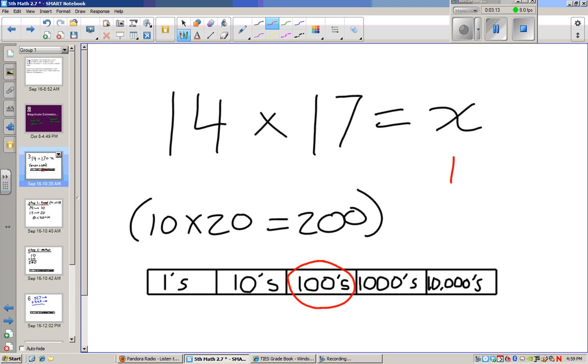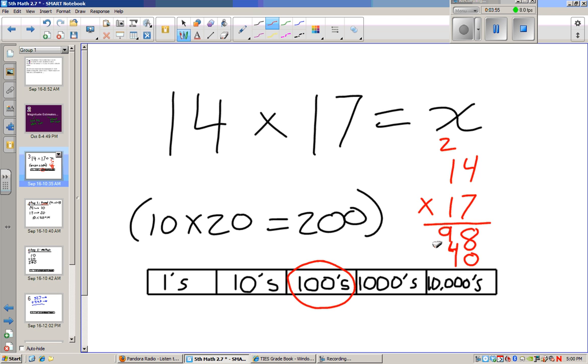All right, so let's do 14 times 17 quickly just to check. I'm expecting an answer in the hundreds. 7 times 4 is 28. Carry my 1 up here. Nope, sorry, carry a 2 up there. 7 times 1 is 7, plus 2 is 9. Then I drop down and put my 0. 1 times 4 is 4, so I'll put my 4 down here.